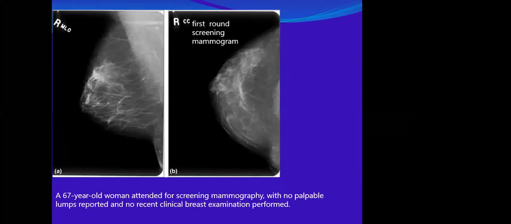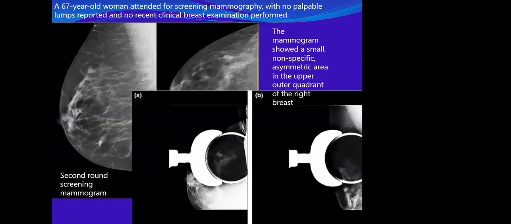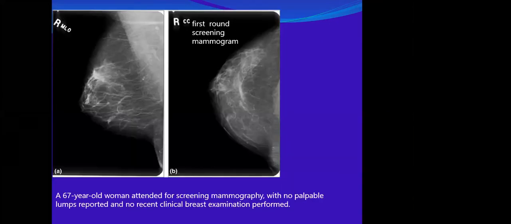That was the first round screening mammography. This is the craniocaudal and mediolateral view of the right breast, showing an asymmetry. Could you appreciate your asymmetry here?